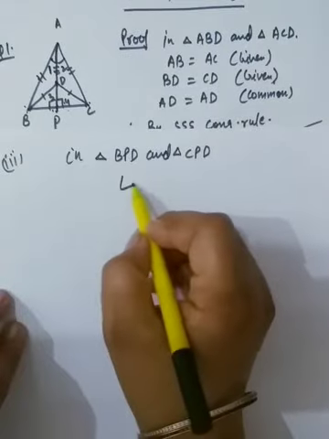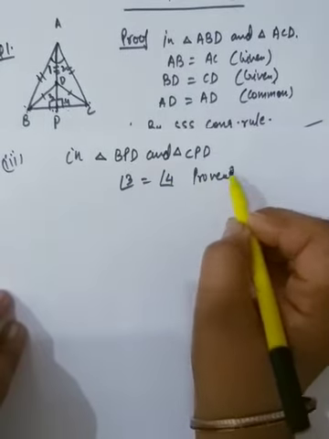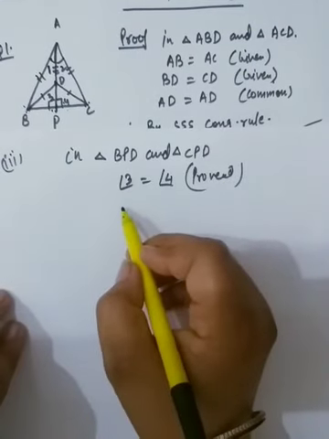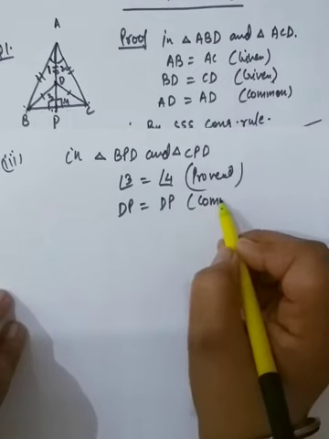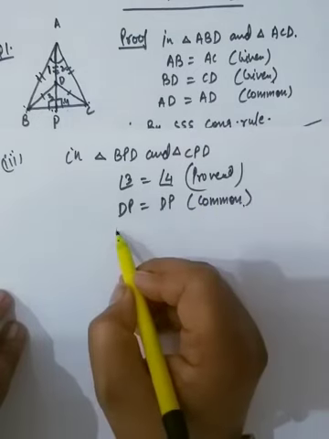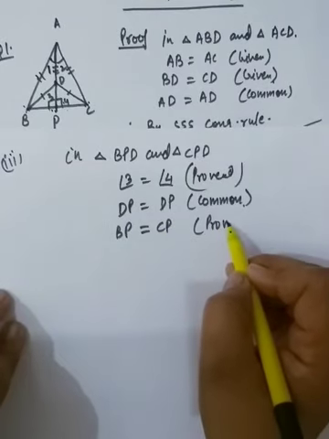In these two triangles, angle 3 is equal to angle 4. This is proved by us. And DP is equal to DP. This is common. And BP is equal to CP, proved.